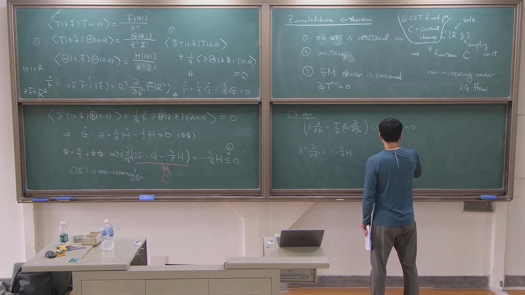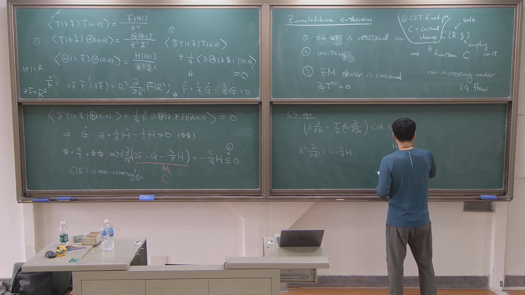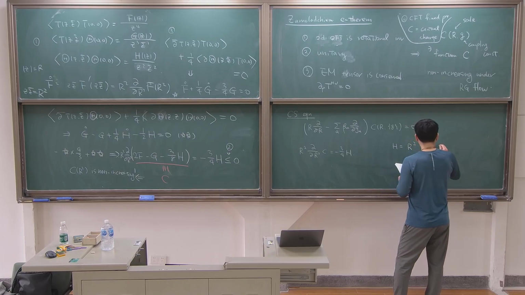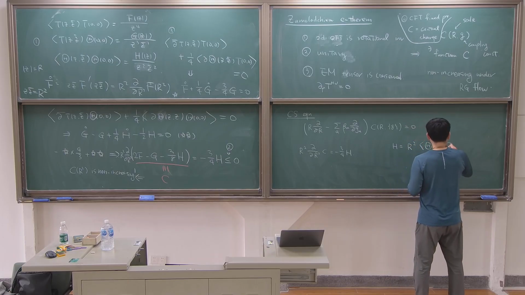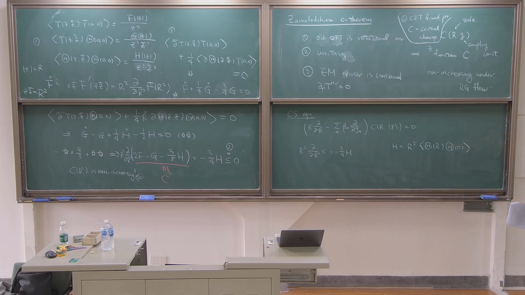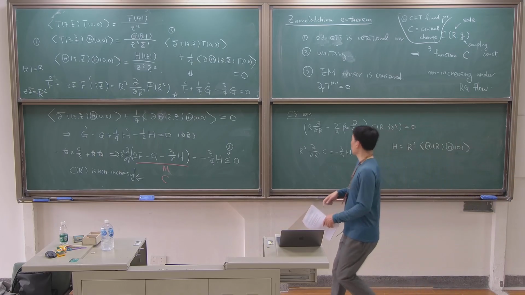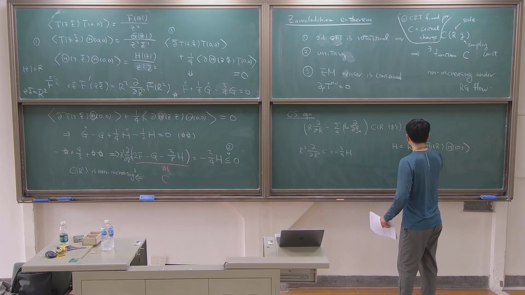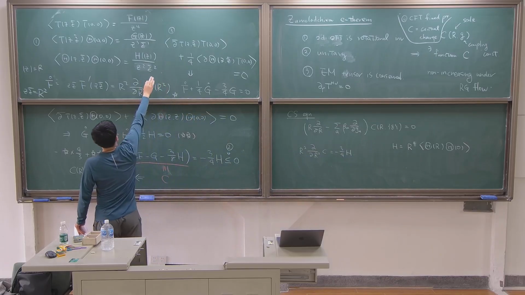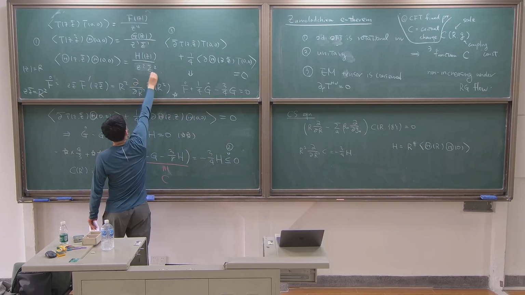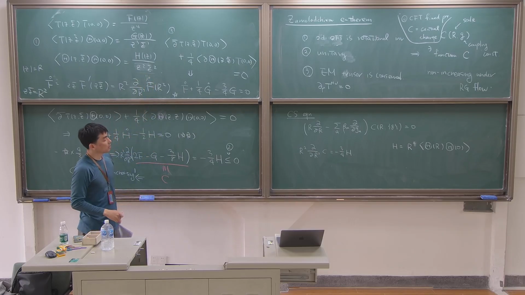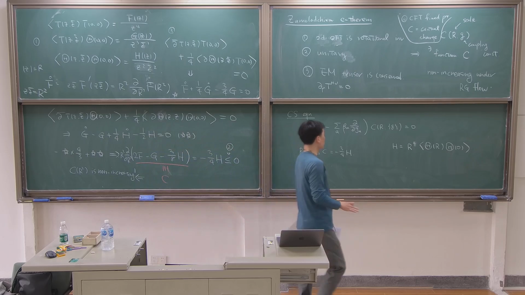So h is equal to the trigonometric h, and this denominator is equal to r to the 4, right? So h is this one.